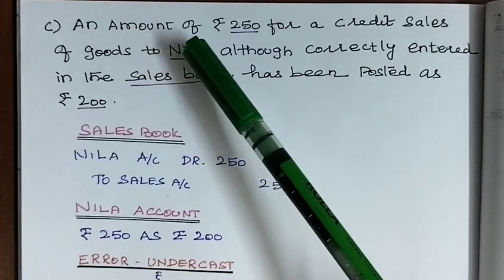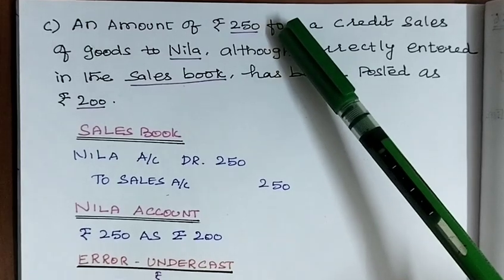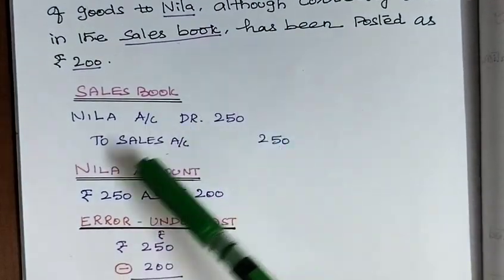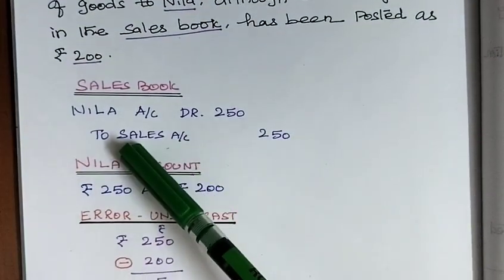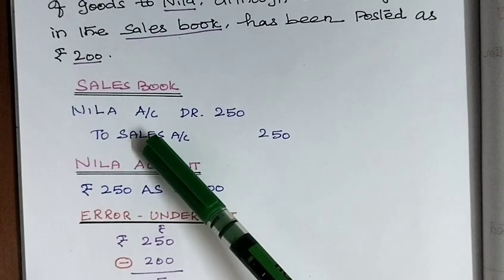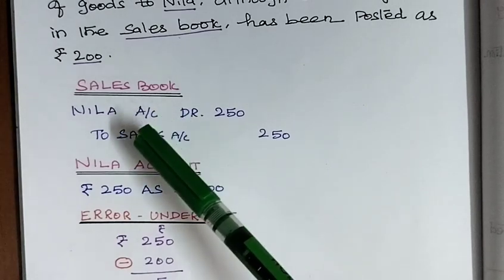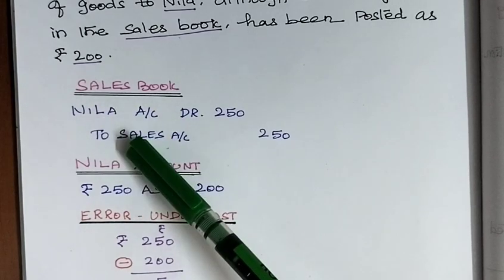Sold goods on credit to Nila, rupees 250. What is the journal entry? Nila account debit to sales account. Whenever you generate sales in your company, your revenue will increase. So whenever revenue increases, you credit the sales account.